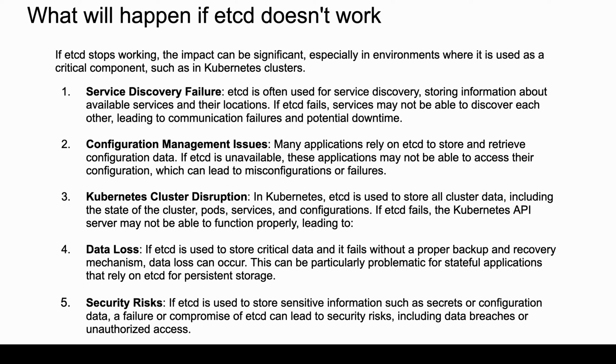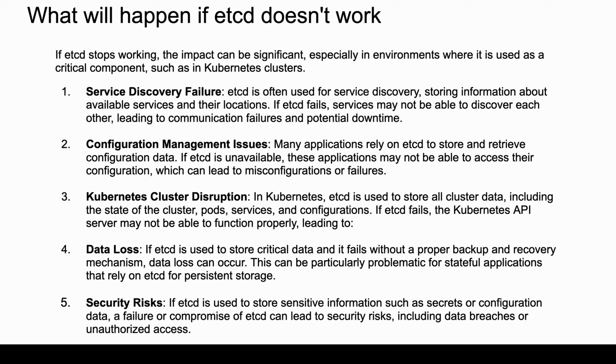First, if etcd fails, then we will also not be able to discover the service. etcd is often used for service discovery, storing information about available services and their location. And if etcd fails, services may not be able to discover each other, which leads to communication failures.